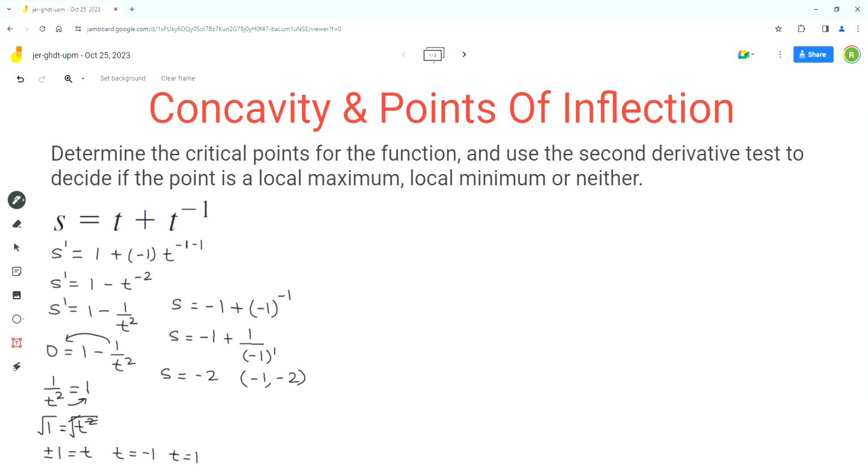Now we can sub in t as 1 in the given function. So we get s equals 1 plus 1 exponent -1. Now we can move 1 to the denominator to make the exponent positive.